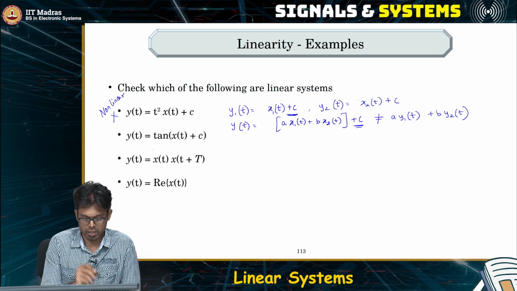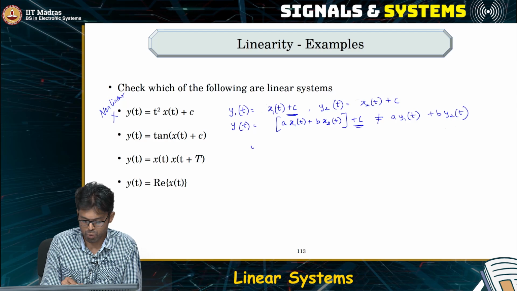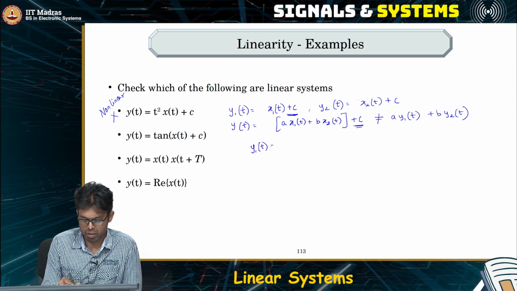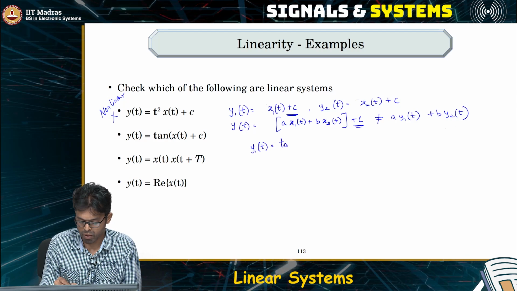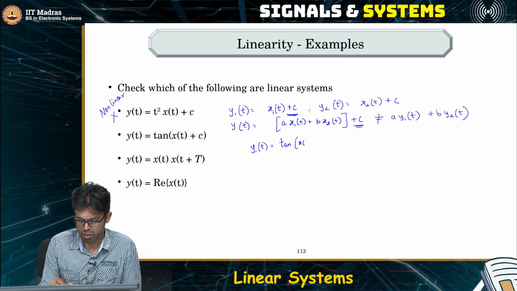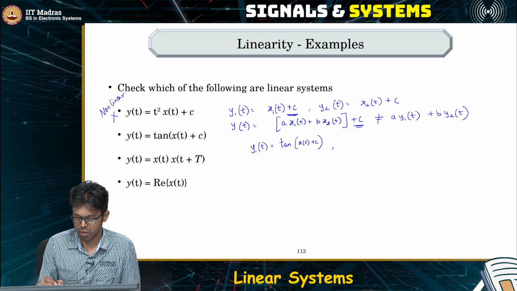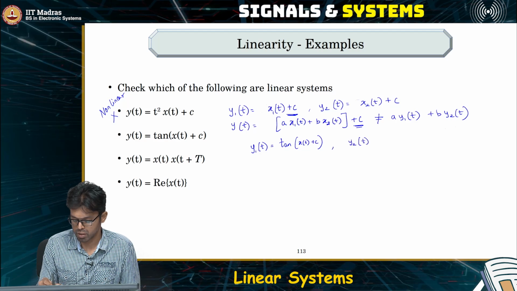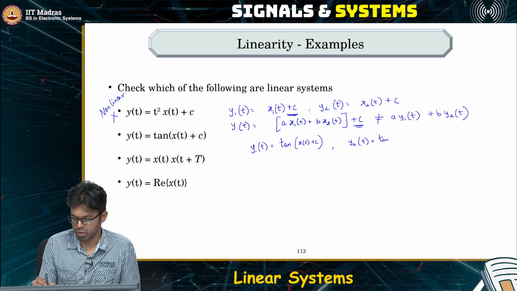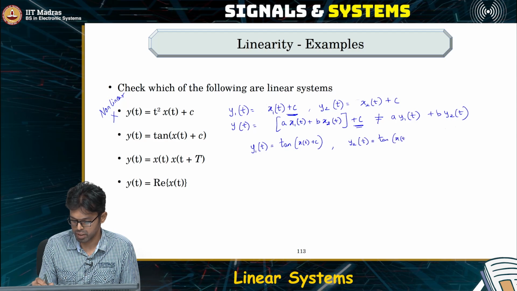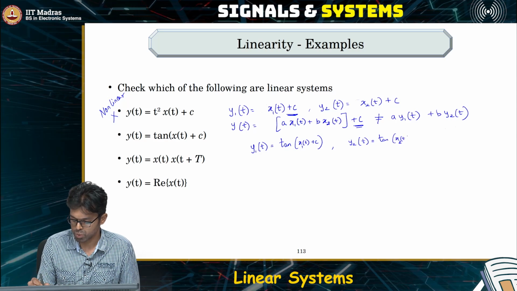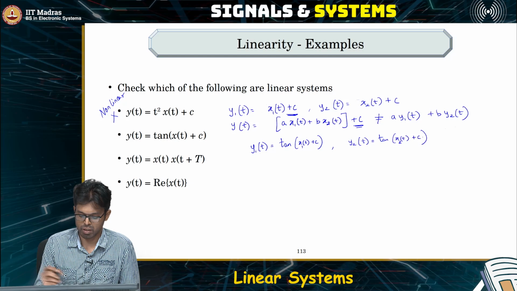All right, now let's see the next example. y1 of t is tan of x1 of t plus c, and y2 of t is tan of x2 of t plus c.